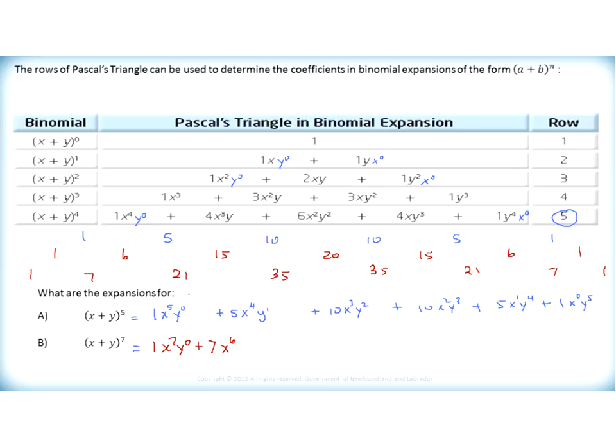Decrease your powers of x by 1, increase your powers of y by 1. 21 x to the 5 y squared, 35 x to the 4th y cubed, plus 35 x to the 3 y to the 4, plus 21 x squared y to the 5, plus 7 x y to the 6, plus 1 y to the 7. And there's the expansion of x plus y to the power of 7. So again, we're relating Pascal's triangle now to a binomial expansion of x plus y to the power of n.